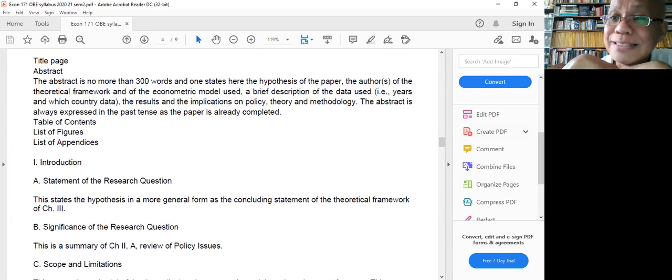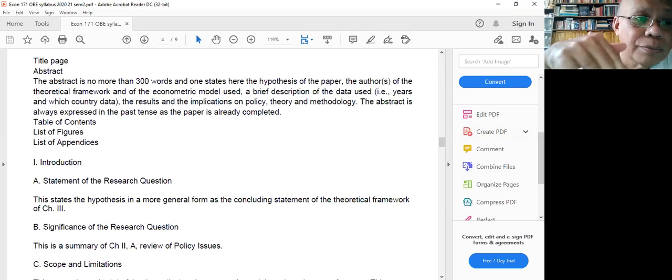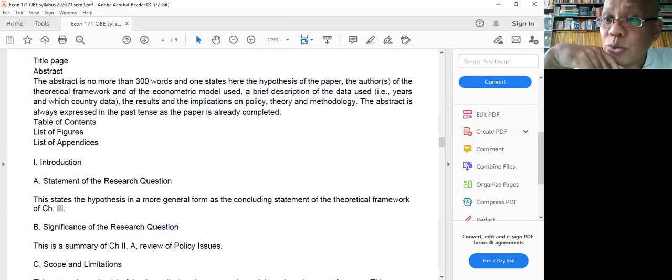The important thing lang sa dedication page is that yung i-dedicate ninyo, wag naman one page. At most, 2 lines. Wag naman kung sino-sino i-dedicate ninyo. Wala nang kabuluhan kung ang dami yung pinag-dedicate. Like you dedicate it to all of your teachers since preschool, pati yung piano teacher mo.